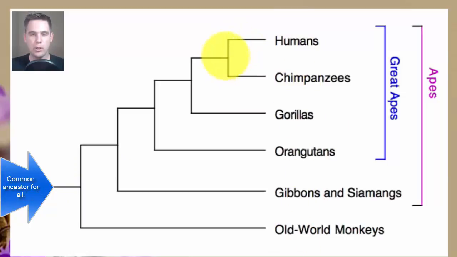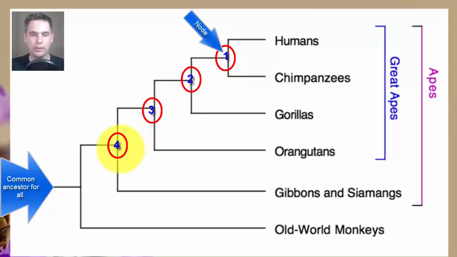The first thing you have to know, and you would write this on your note sheet, is every time you see one of these joints where there's a split, that's a node. So right here we can count the nodes: 1, 2, 3, 4, 5 nodes. And that's going to help us determine how closely related any of these are.